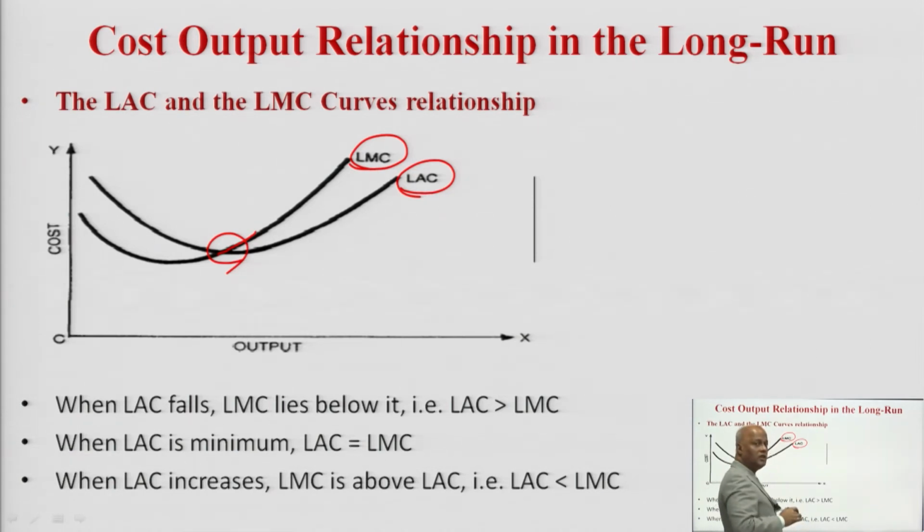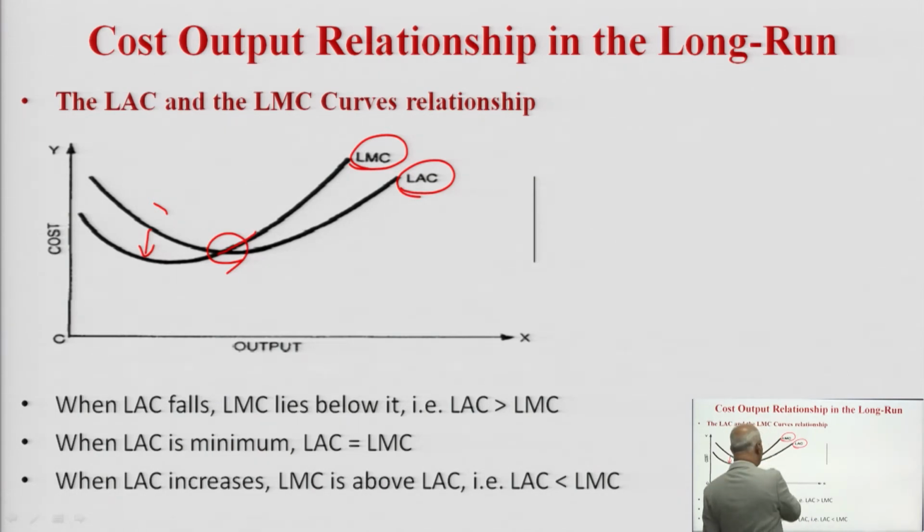But before that, when the long run average cost curve is decreasing, the long run marginal cost curve is also declining, but it lies below the long run average cost curve.